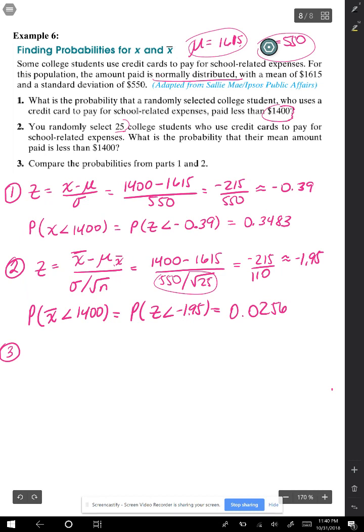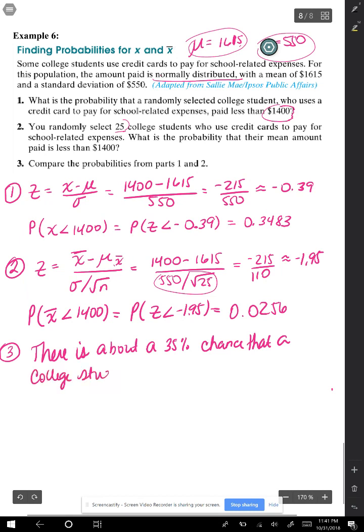Okay, and then part 3 just says to compare or interpret what we found in parts 1 and 2. So our interpretation is, in the first one, 0.3483, so that'd be about 35%. There is about a 35% chance that a college student, and of course, these are college students.